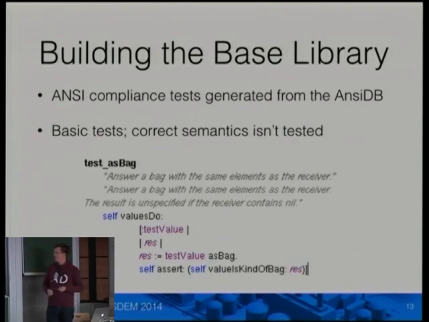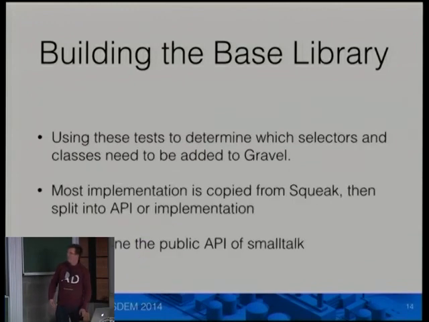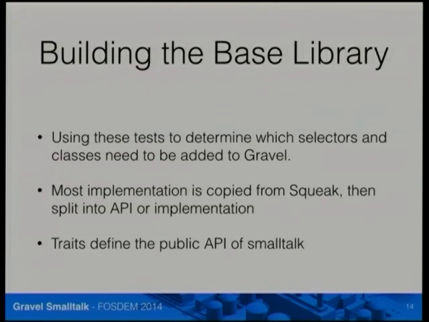We just perform the selector and we test whether the result is anything sensible. So we don't do any semantic checks next to a simple type check. But using these tests, we can pretty easily recreate what is needed to have a base Smalltalk system in Gravel.